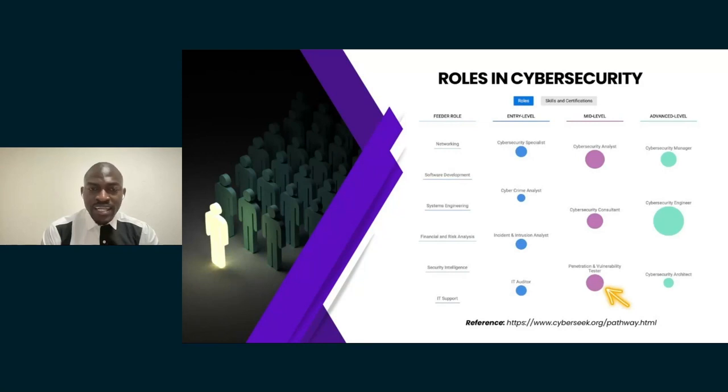Starting from there gives you a chance because even compliance level requires that an organization should have a vulnerability management report and run assessments. So having somebody that knows how it works, how to use the tools, how to provide reporting, how to present and ensure that there's remediation and all of that, that person is very valuable to the organization.